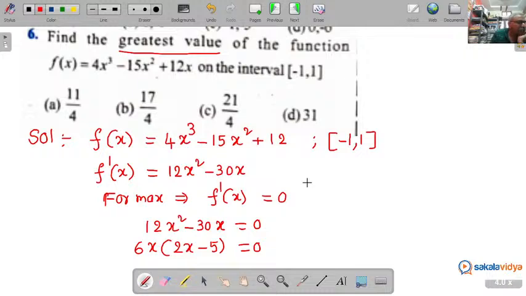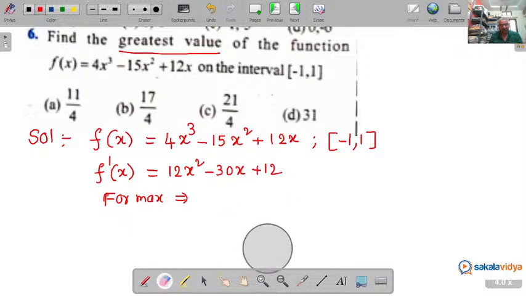Sorry, f dash x is 12x square minus 30x plus 12. Now 12x square minus 30x plus 12 is equal to 0.